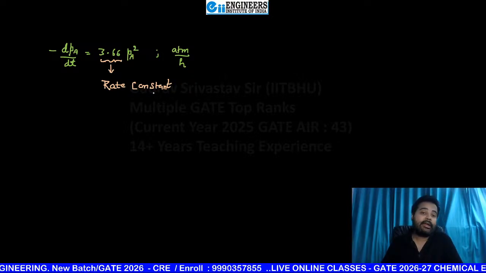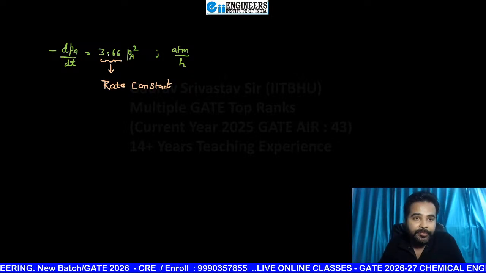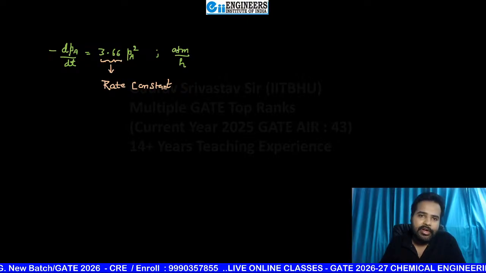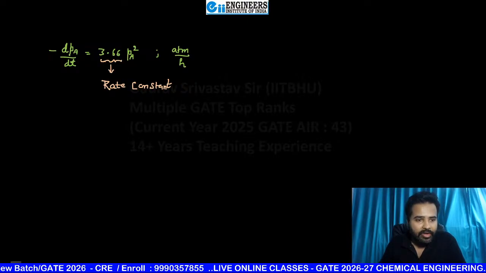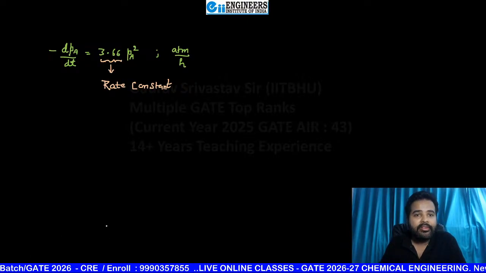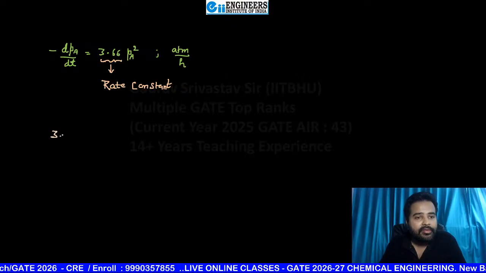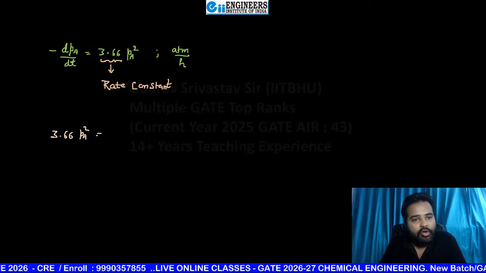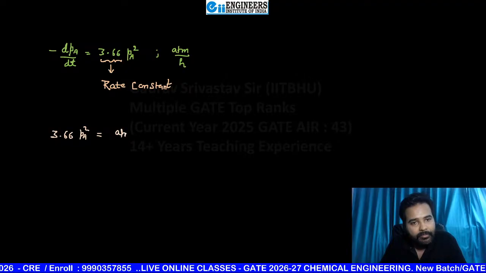Now we want the unit of this. No need to worry. Clearly here we are taking pressure in atm. So 3.66 into Pa square has the unit of atm per hour.